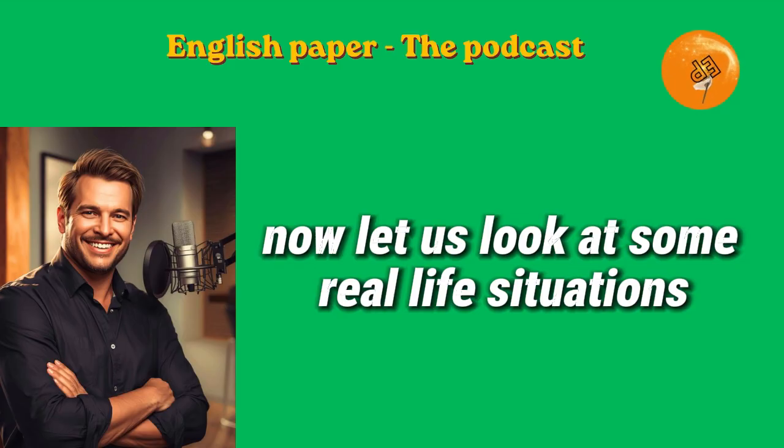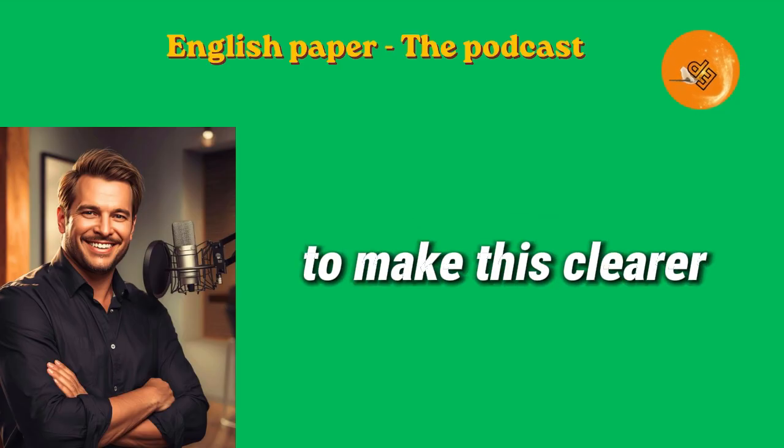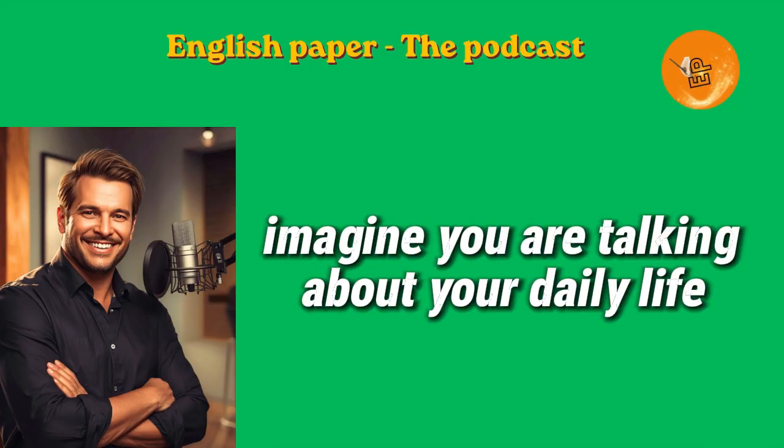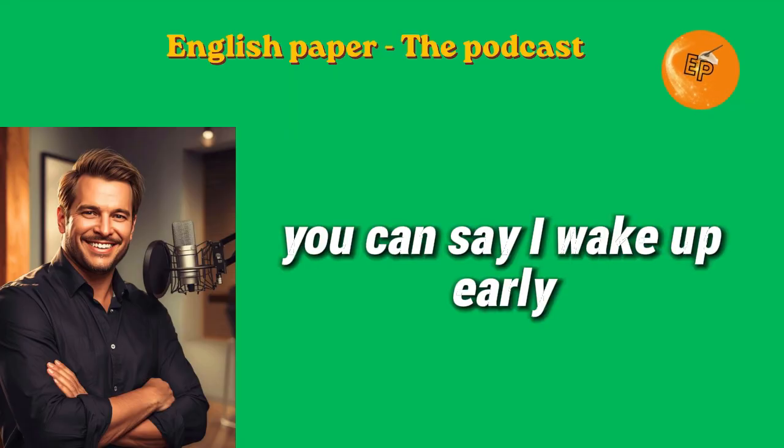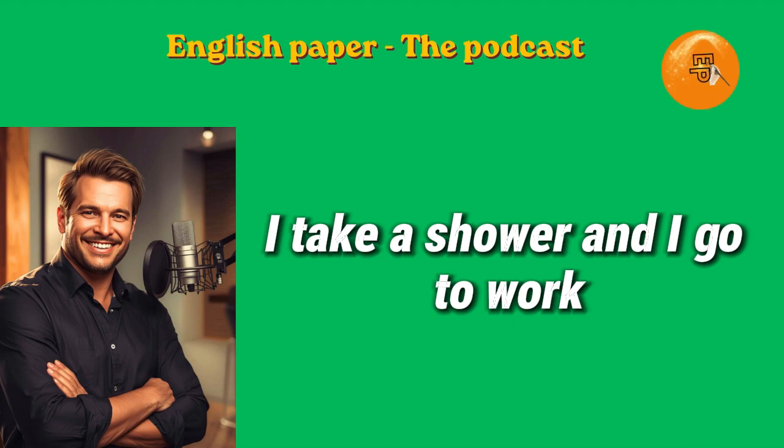Now let us look at some real-life situations to make this clearer. Imagine you are talking about your daily life. You can say, I wake up early, I take a shower, and I go to work.